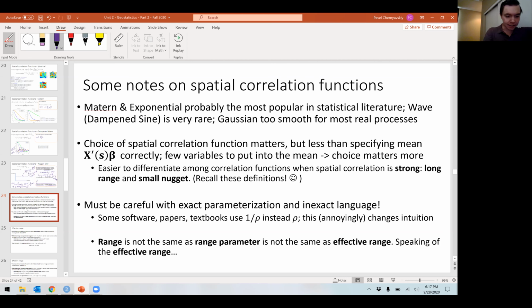The key here is you have to be careful when you're opening up a new software because in some software, all of those correlations are written in terms of 1 over phi or 1 over rho or rho, and that will of course flip all of your intuition and all of your interpretations. So we go back to this spherical.